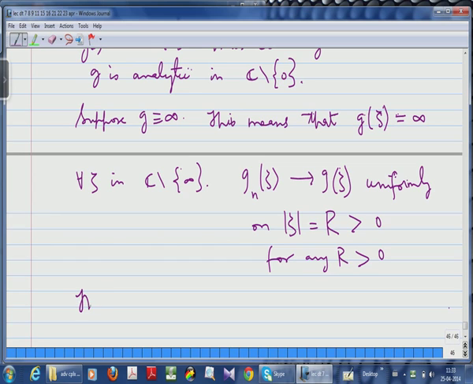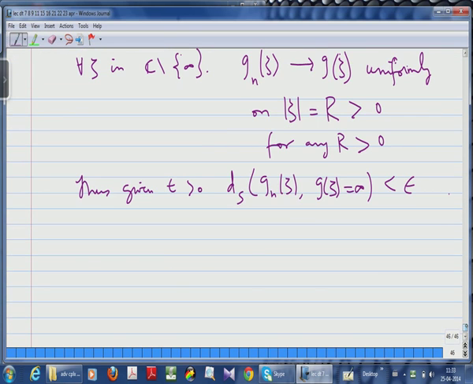So let me write this down. Thus, given epsilon greater than 0, the spherical distance between G_n of zeta and G of zeta, which is actually infinity, can be made less than epsilon for n sufficiently large, and for all zeta with mod zeta equal to R.